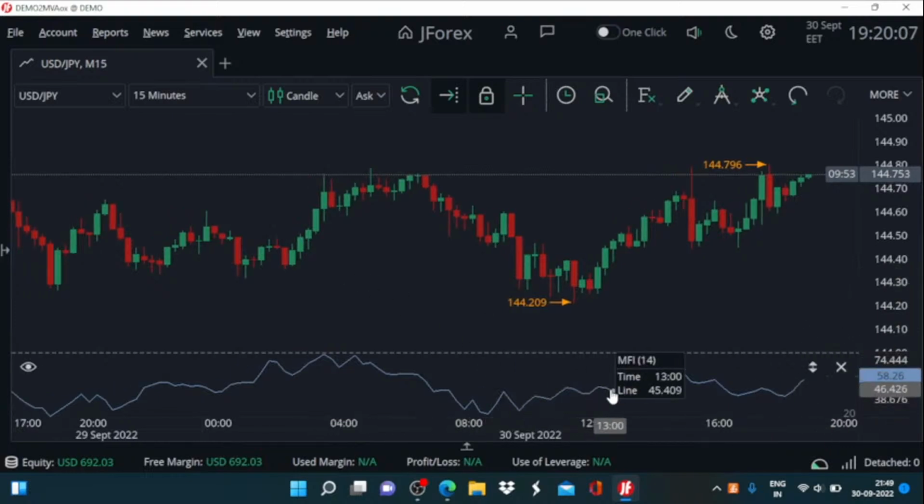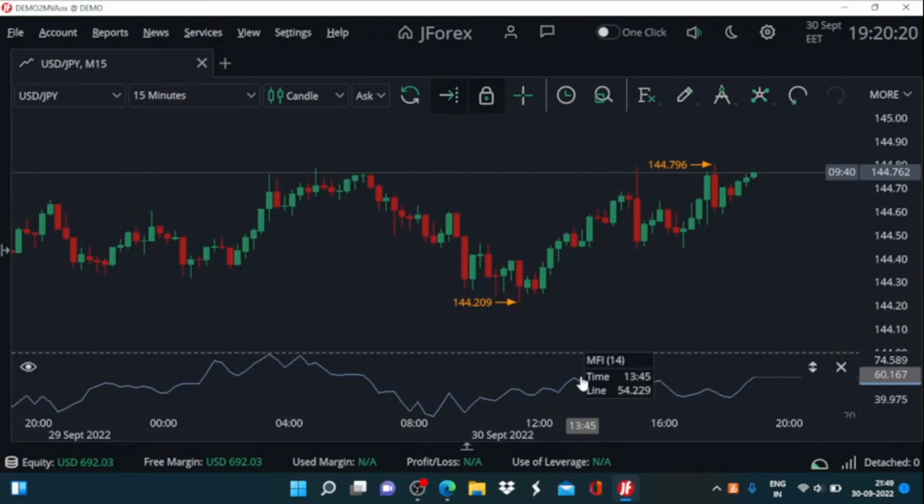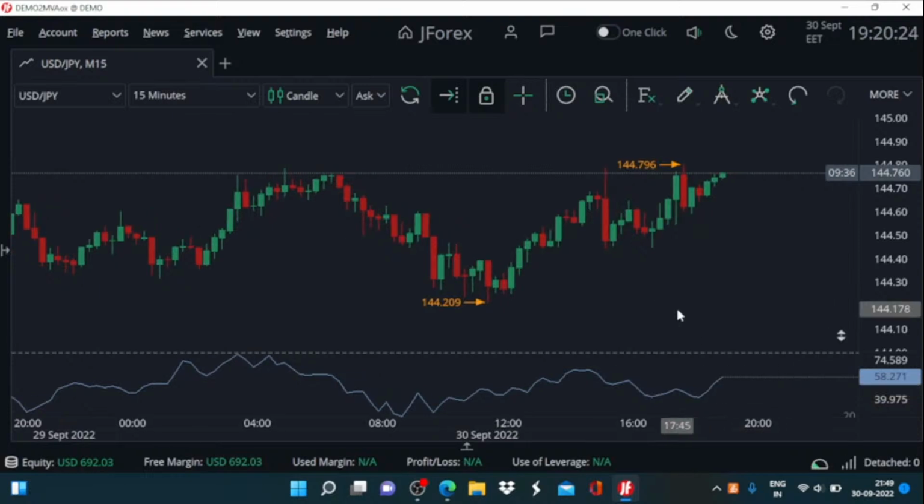And if you were to simply use this 50 as the important marker of defining bearishness and bullishness, then earlier in the day you would have been able to short it, and then as it reversed course, you might even have been able to go long. So both these kinds of trades would have been taken by signals generated by the MFI.